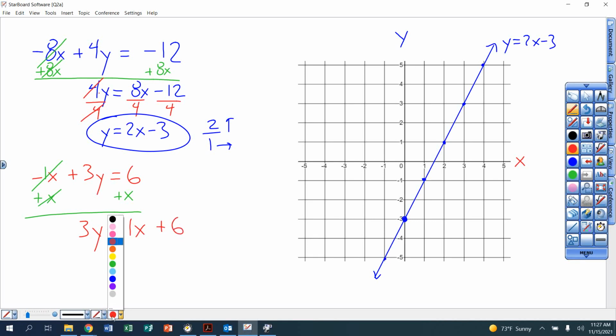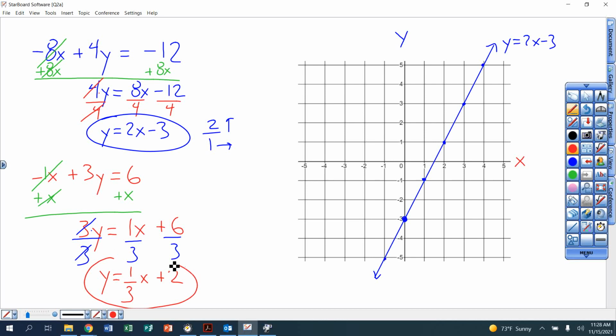Now the opposite of timesing by 3, dividing everything by 3. These will go away. That fraction in front of x, I'm going to leave as 1/3, plus 2. That is my y-intercept. So I could see on this one, I have a starting point at 2.